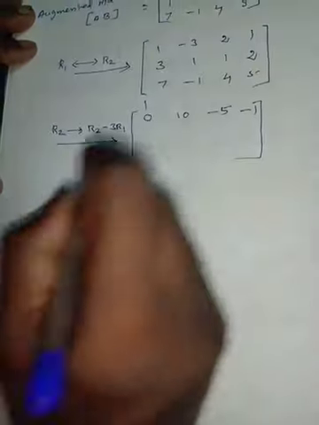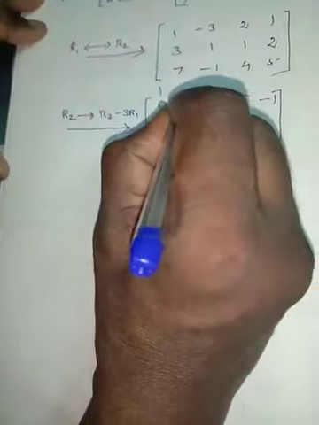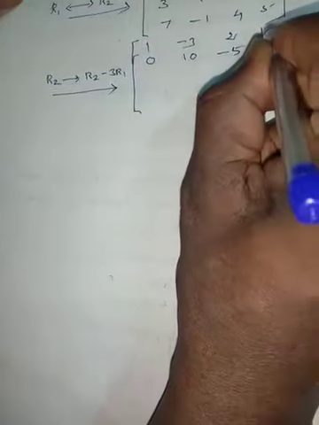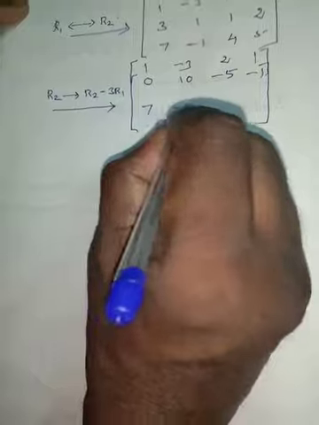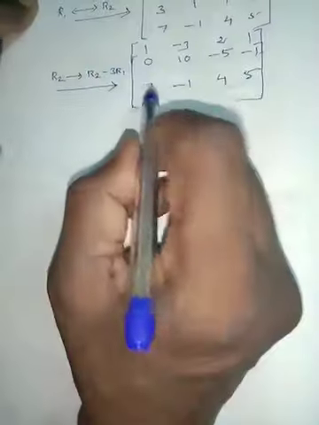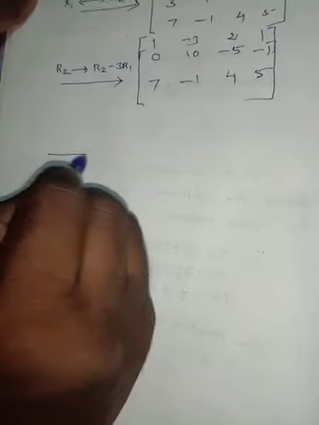First row 1 minus 3, 2, 1. Last row 7 minus 1, 4, 5. Next rule is A31 will be 0, 7 into 0.